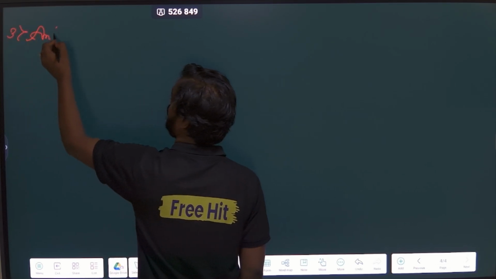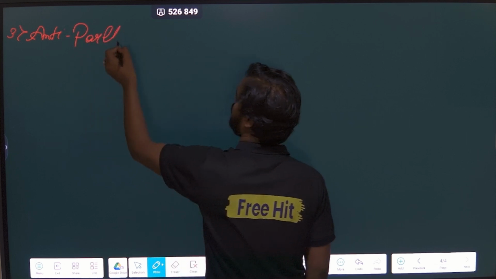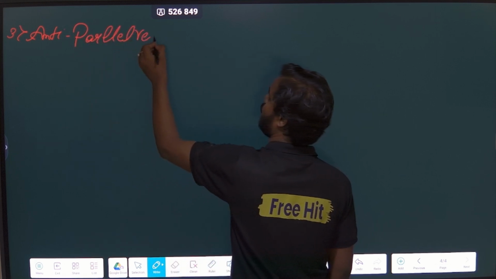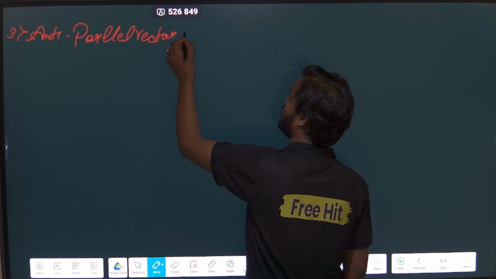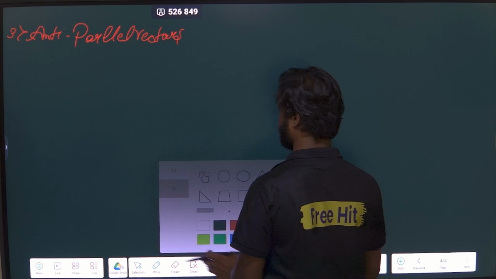Yes, it is anti-parallel vectors. Now what are anti-parallel vectors? Let us see what we mean by anti-parallel vectors.